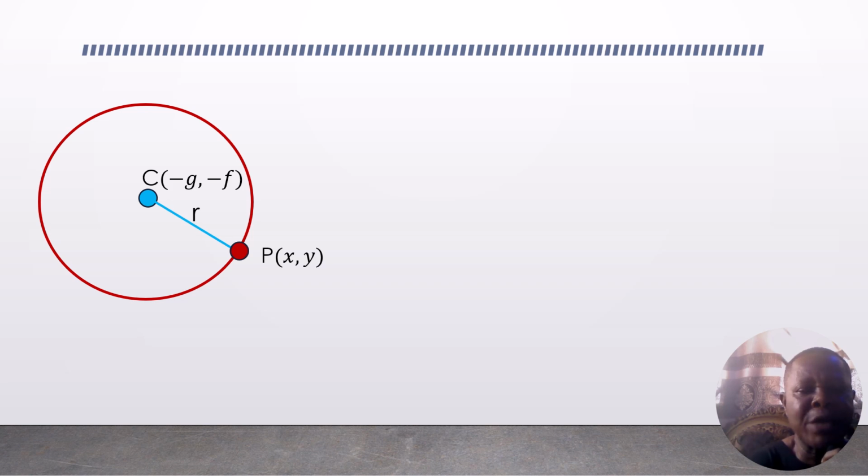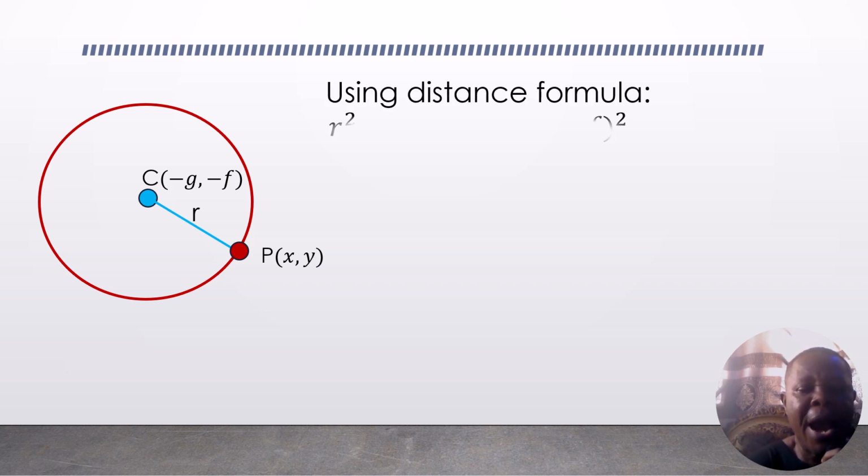Now, to obtain the equation of the circle, we are going to use the distance formula. That is, r squared is equal to (x minus (-g), which is x plus g) all squared, plus (y minus (-f), which is y plus f) all squared.